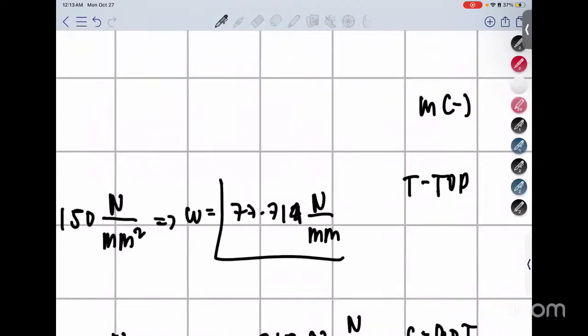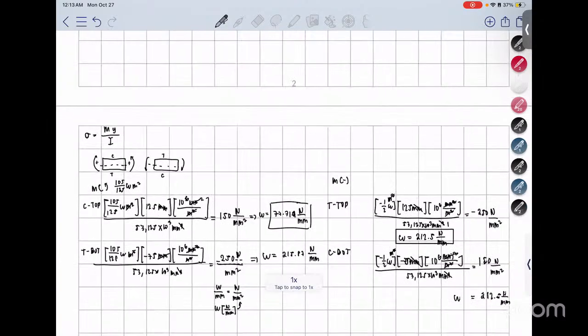Meaning for compression, it is the bottom loading that we are more concerned about, mas malaking limiting factor yung sa bottom. And then, so that's for D and E. So the answer for D, which concerns tension, is 212.5 Newton over millimeter. For compression naman, 77.714 Newton over millimeter.